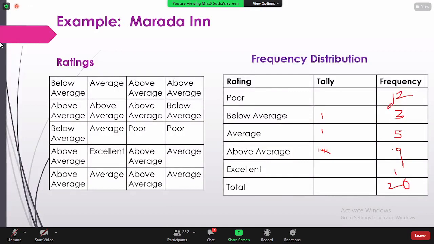Whether their ratings say the hotel quality is good or bad? Whether the quality of accommodation is good or bad?